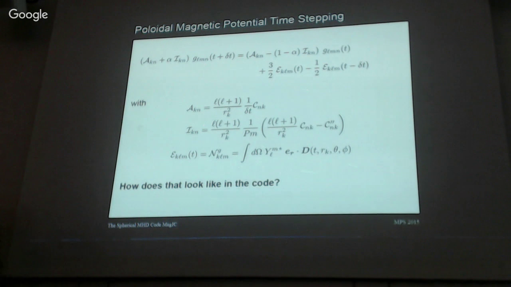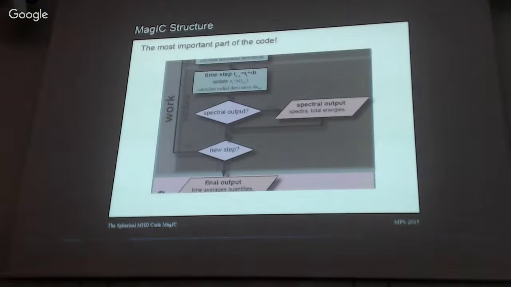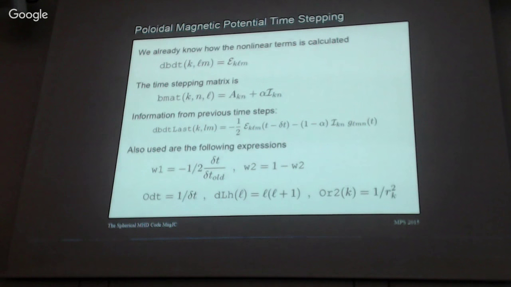Then we have something which we call dBdt loss, which is in a way the counterpart, but now on the right-hand side. So this is the explicit part from the previous time step, and the implicit part from the current time step. So this is something which is known.